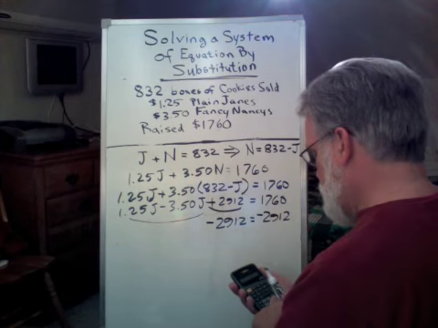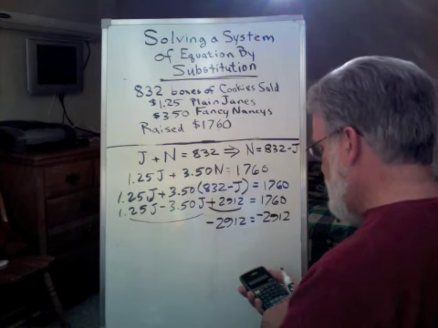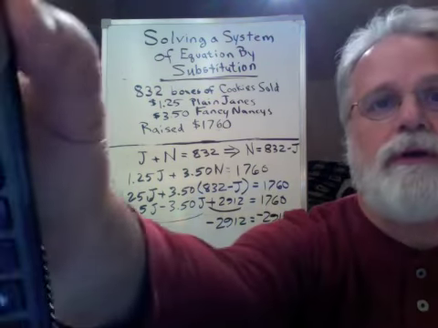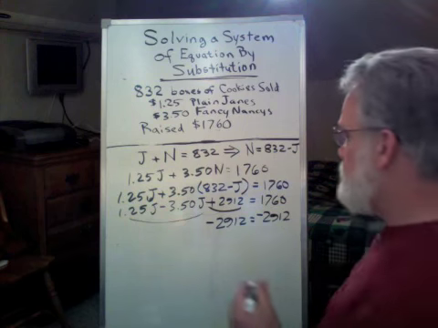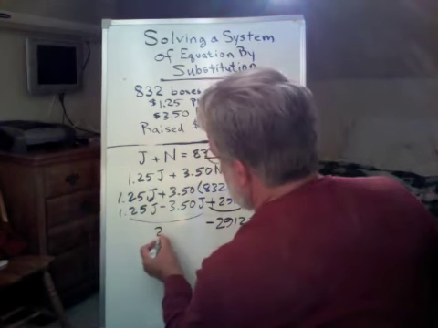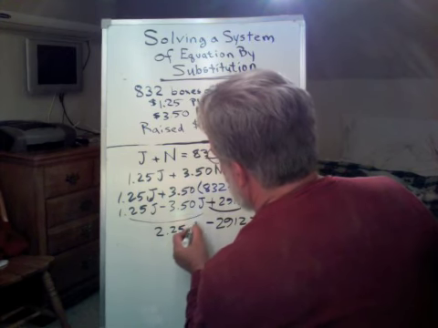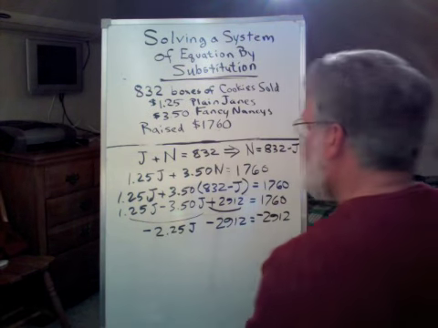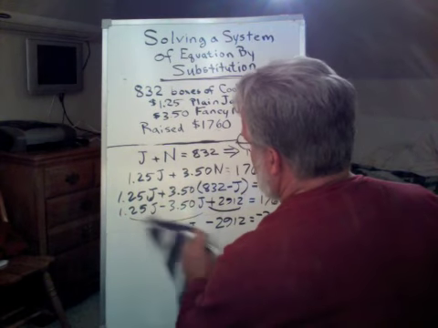And 1.25 minus 3.50 equals a negative 2.25, by the way, J. Okay? I'm going to want to put that in the next line, not this line here.